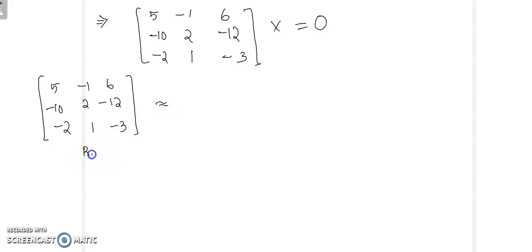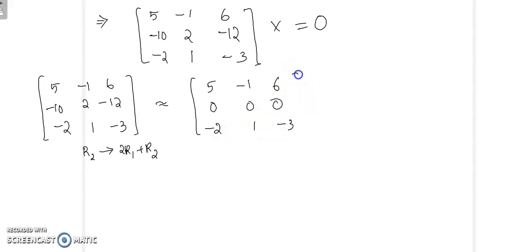So take R2 goes to 2R1 plus R2. So that gives 5, minus 1, 6. So this is a multiple of the first row. So we'll get 0, 0, 0. Then minus 2, 1, minus 3.